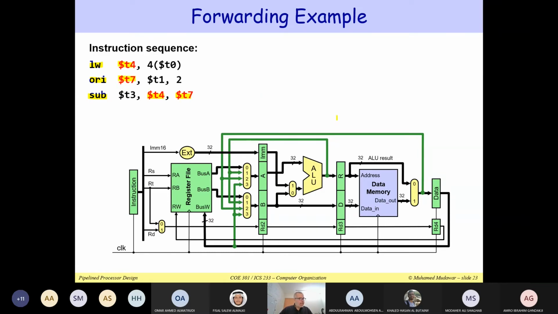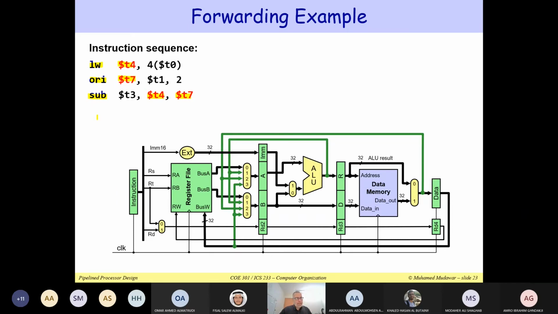You can actually come up with any example that you want. Notice that the subtract here depends on the or immediate, which is the previous. And the subtract also depends on the load instruction. So these are the instructions in program order.